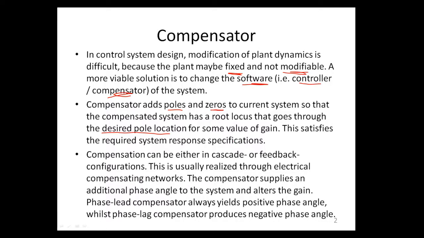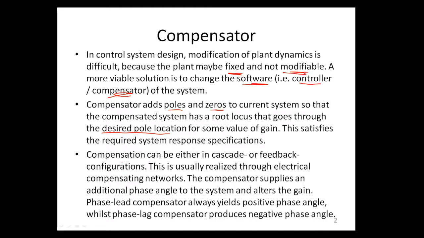So in short, first we know we have desired pole locations, because that is the behavior that we want the system to have. Therefore, based on our desired pole locations, when we design the compensator, we add poles and zeros to the current system in order to change the behavior of the system.